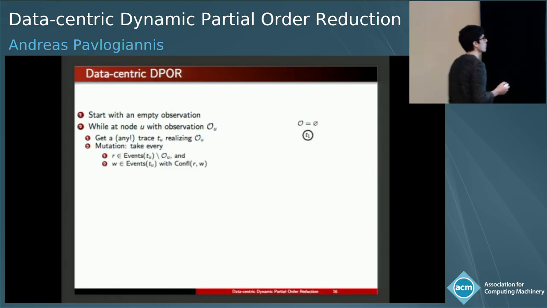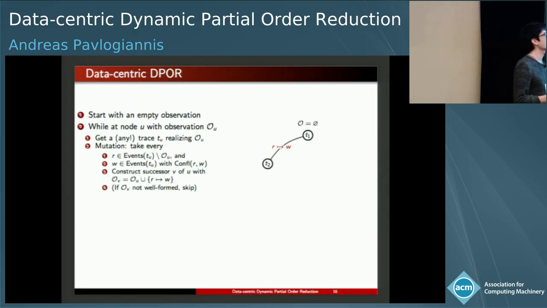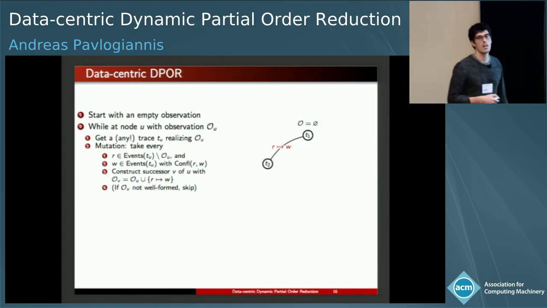And now we perform a mutation step. We iterate over every read in the trace that does not already appear in the observation function, so we haven't fixed the observation of this read. And moreover, we iterate over every possible write event in the trace that this read could observe. And we simply strengthen our observation requirements here with this new read-to-write pair.